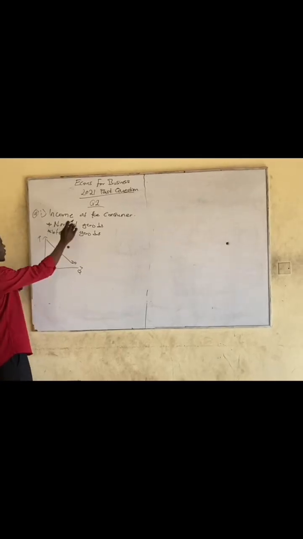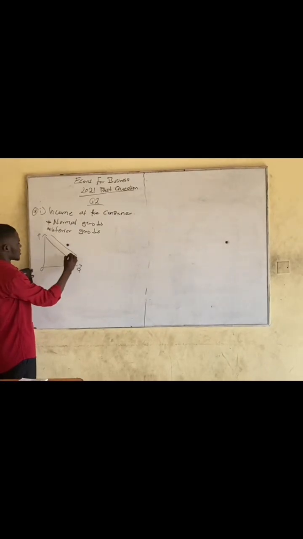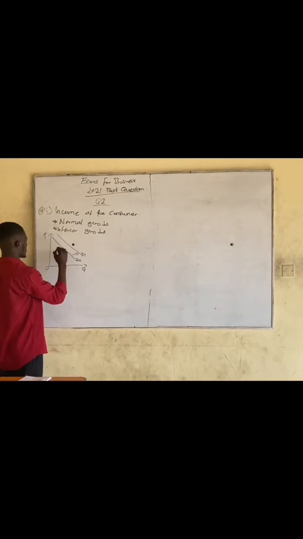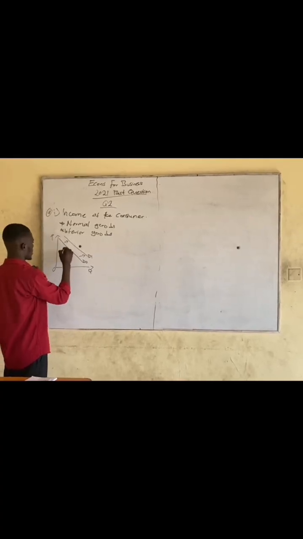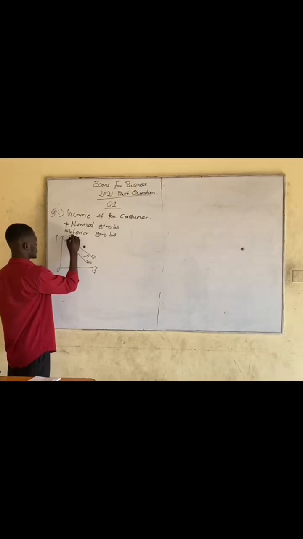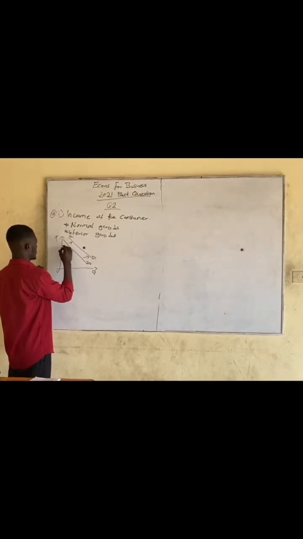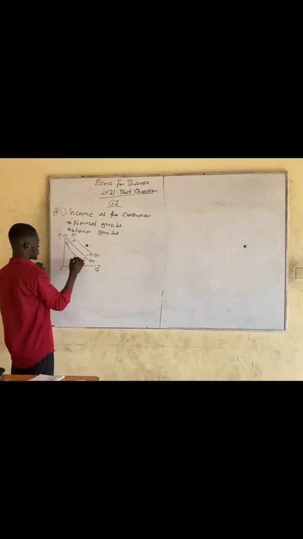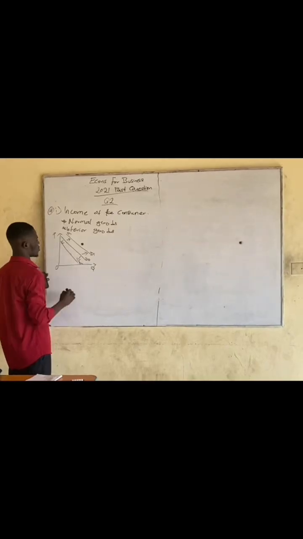For normal goods, it will shift right, which will make it D1. For inferior goods, it will shift back, which will make it D2 like this.